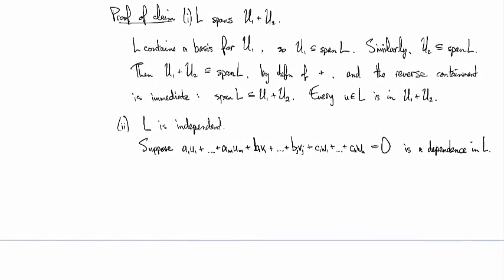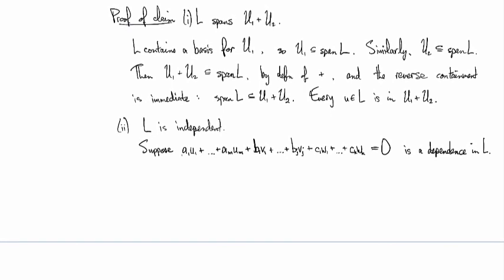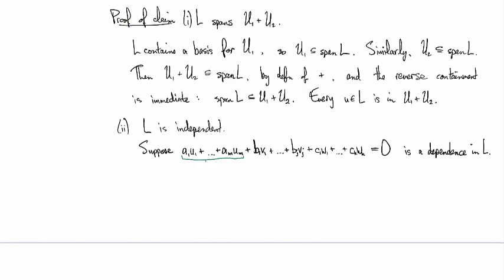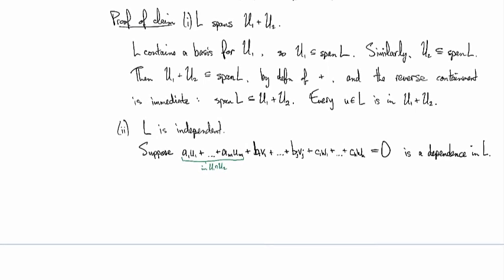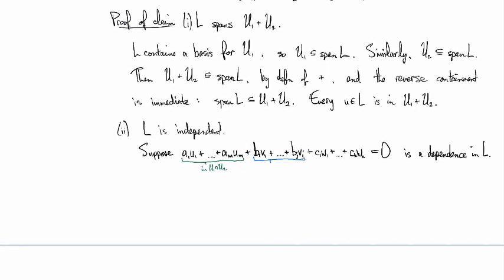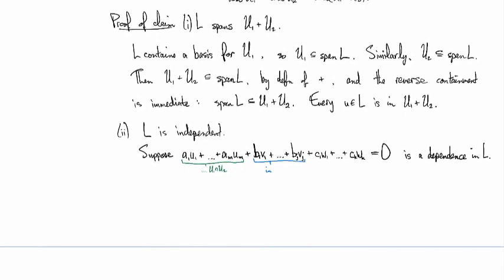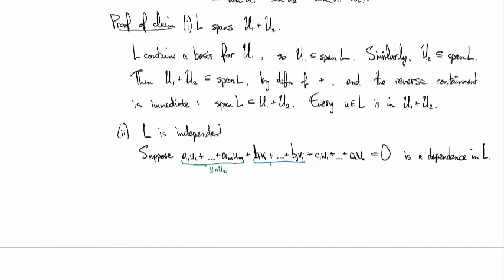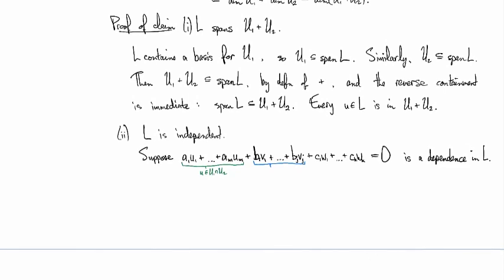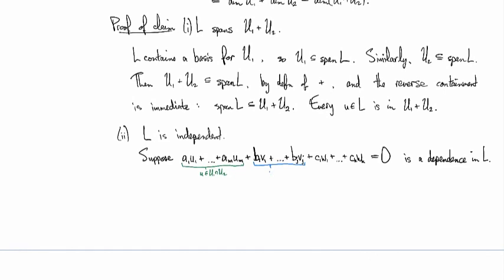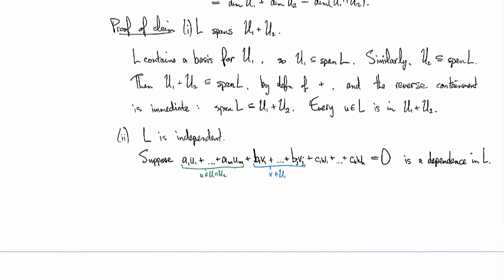Okay, so then let's look at these parts here, right? So what do we have? So this part here is a component that lives in U1 intersect U2, and then we have a component right here that lives in U1. And actually, you know what? Let's give these names just to make life easy. So the thing made out of u's, I'm just going to call u. And then this thing made out of all the v's, I'm going to call v. And it's an element of U1.